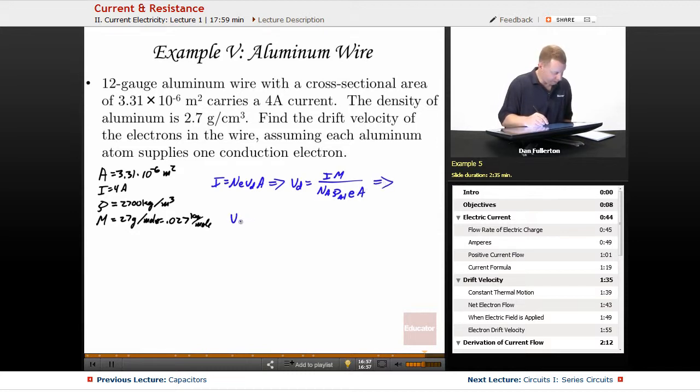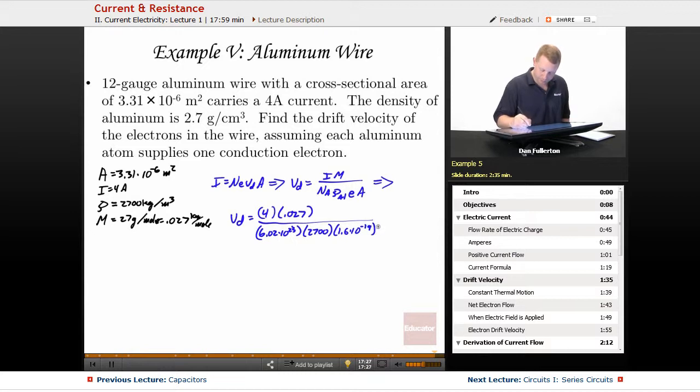And if I substitute in my values, we end up with, well, our current was 4 amps, our molar mass was 0.027 kilograms per mole, Avogadro's number 6.02 times 10 to the 23rd. We had our density 2,700 kilograms per cubic meter. Our charge per carrier, 1.6 times 10 to the minus 19 coulombs, our elementary charge.